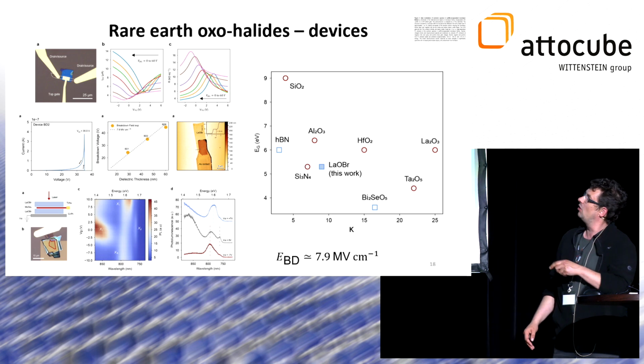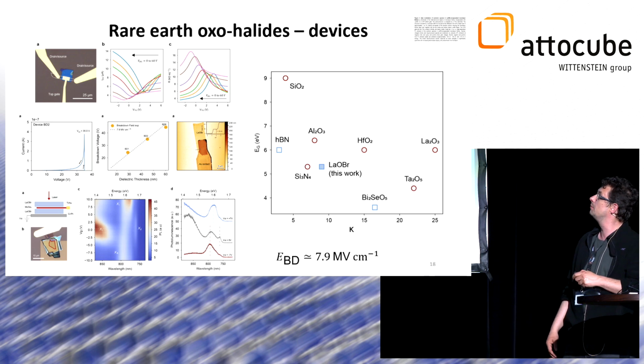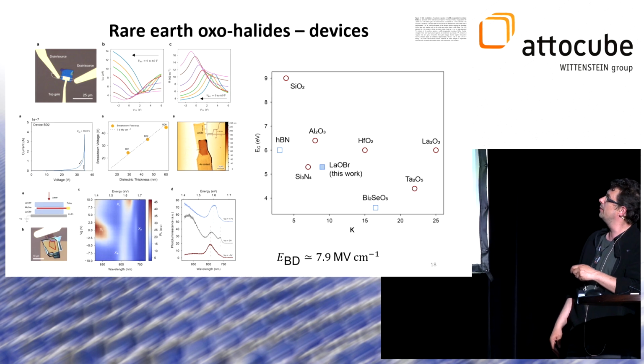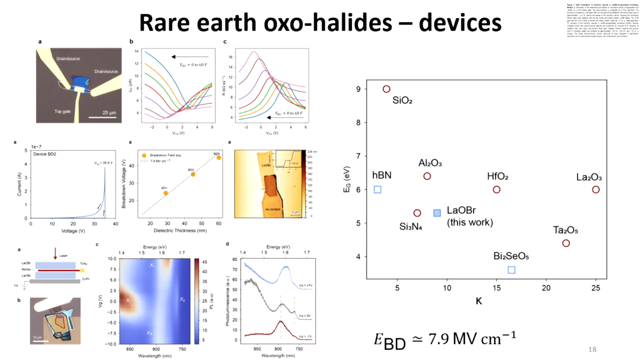And here is already the comparison for the classical dielectric materials like hexagonal boron nitride or the systems which are typically deposited by atomic layer deposition, and our lanthanum oxobromide, and now also recently popular bismuth selenium oxide.